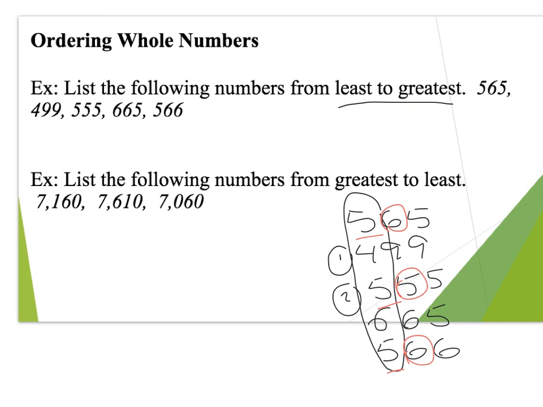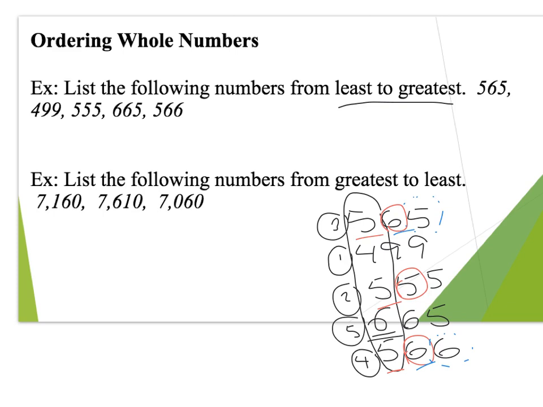However, we are not finished comparing the 500s, so we need to look at that tens place because we had a 6 in common here and a 6 in common here. Finally, in the ones place, we have a 5 here and we have a 6 here, so this number is slightly smaller. So that would be our third number listed. That makes this the fourth. And finally, of course, if we have a 6 in the hundreds place, it's the largest. That will be our fifth number.